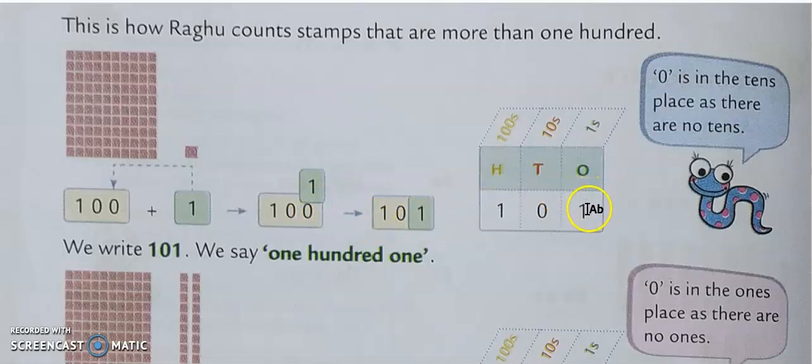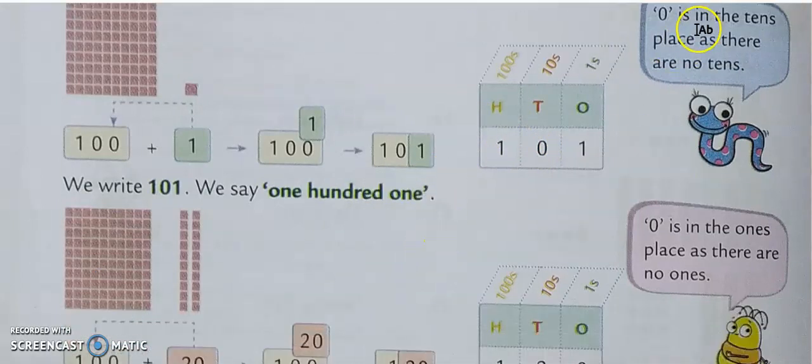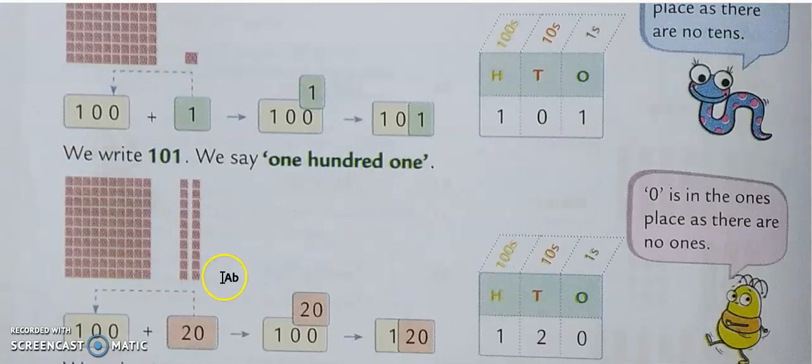So here you can see we have to write 1 at the ones place, 0 at the tens place because no tens are there, and 100 is there, so 1 is written at the hundreds place. Okay, 0 is in the tens place as there are no tens. Now we will write 101, we say 101.